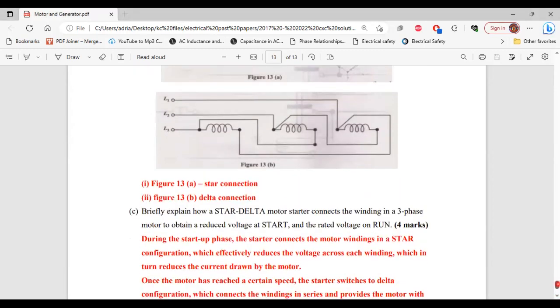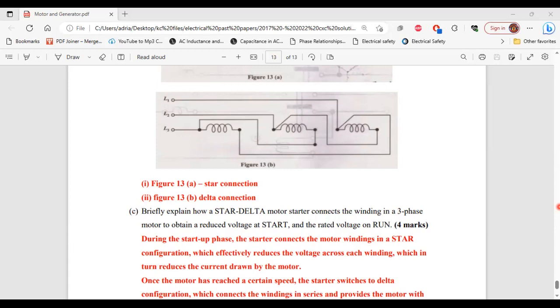It says, briefly explain how a star delta motor starter connects the winding in a three-phase motor to obtain a reduced voltage at start and the rated voltage on run. During the startup phase, the starter connects the motor windings in a star configuration, which effectively reduces the voltage across each winding, which in turn reduces the current drawn by the motor.